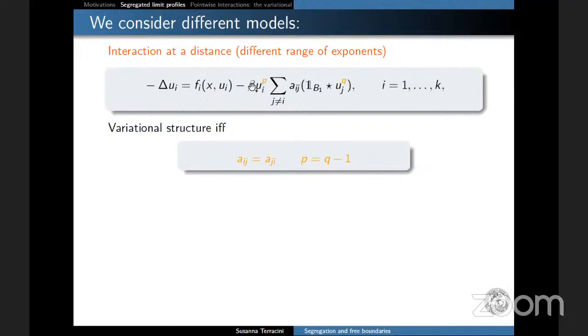One can consider a case where this competition doesn't have an effect in the same point, but has some range of effect.